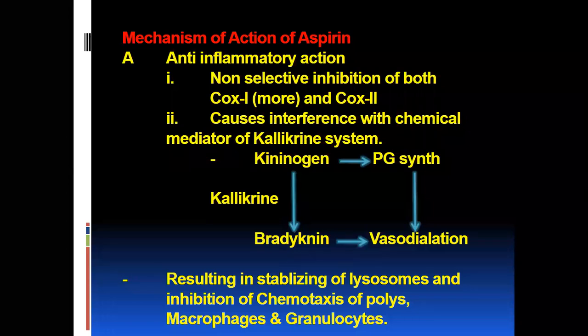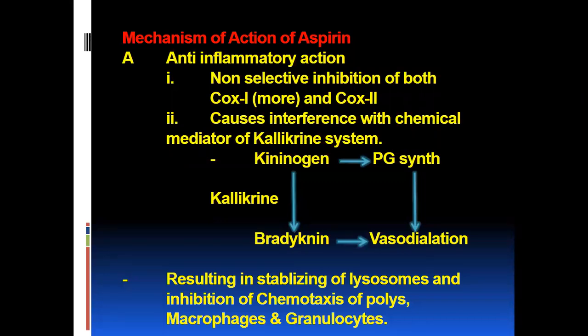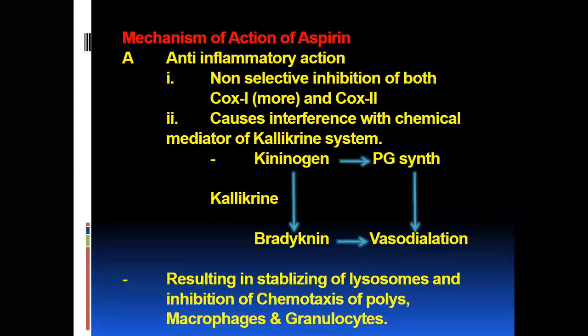Kininogen is converted into bradykinin via the kallikrein enzyme, which causes vasodilation, and prostaglandin synthesis also causes vasodilation, and the inflammatory process is enhanced. So when there is interference with this kallikrein system, the inflammatory process will be decreased.